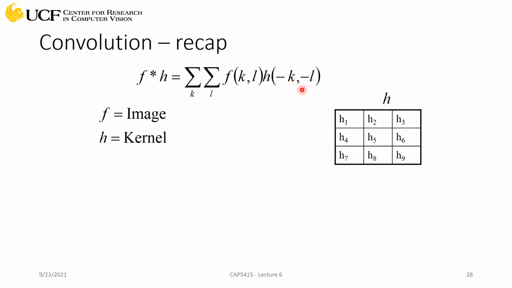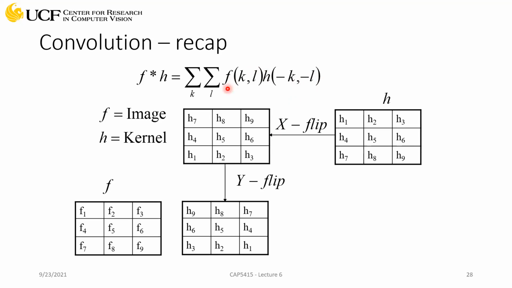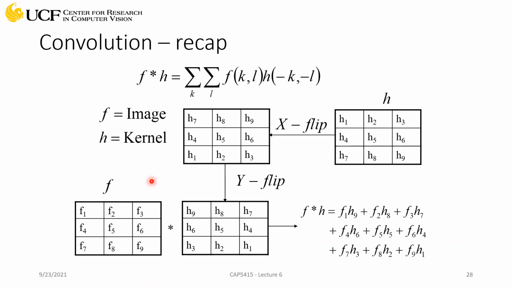In this case, you have these negative signs in your kernel, which means that you are flipping your kernel in the X direction as well as in the Y direction. And then you can use the exact operation which you use for correlation. So this H is your original filter for convolution. If you flip in X direction, you will get something like this. If you flip in Y direction, you will get something like this. Then you can directly compute the correlation, and the output is going to be the convolution of this function using this kernel.